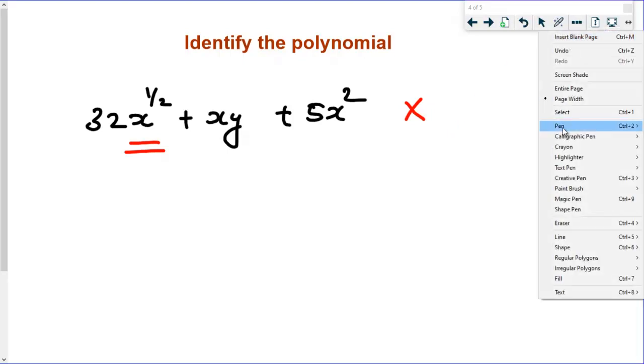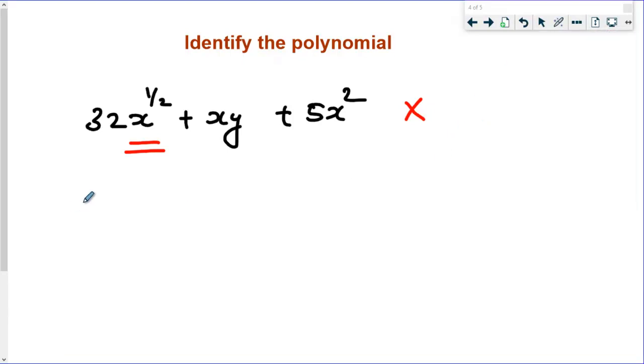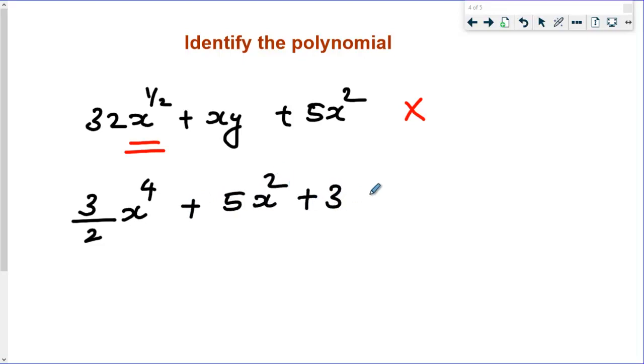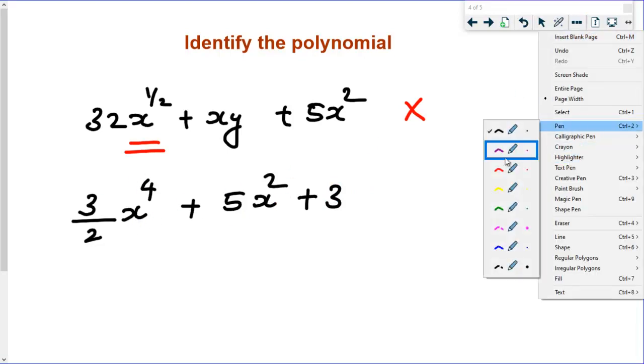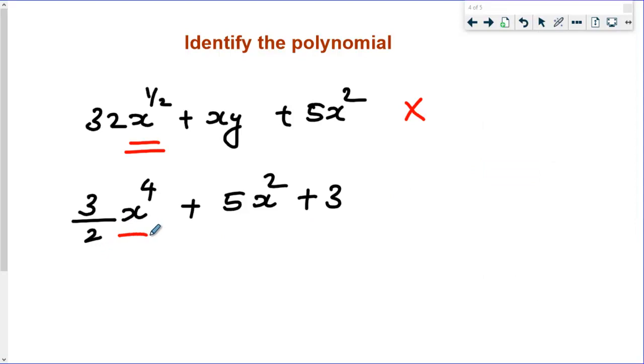But in another expression, 3 by 2 x power 4 plus 5 x square plus 3, the variables are x power 4 and x square. The power is non-negative, it is not a cube root, and the variables are not in the denominator, so we can say that the given expression is a polynomial.